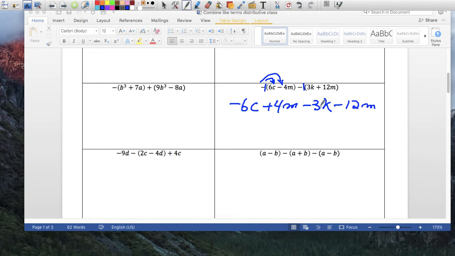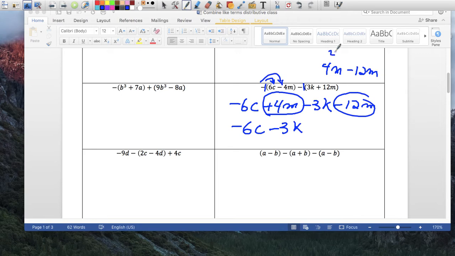You can notice that the 3k and the 12m came out as negatives because they were positive inside. So it comes out backwards, opposites. Are there any like terms? Yes. 6c stays, minus 3k stays as it is, and I'm going to combine plus 4m and minus 12m. Plus 4m minus 12m is the same thing as 4 plus negative 12, and that's going to be negative 8m.